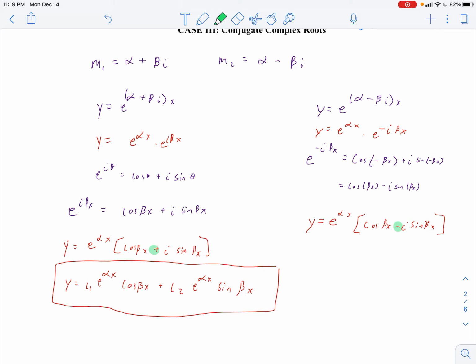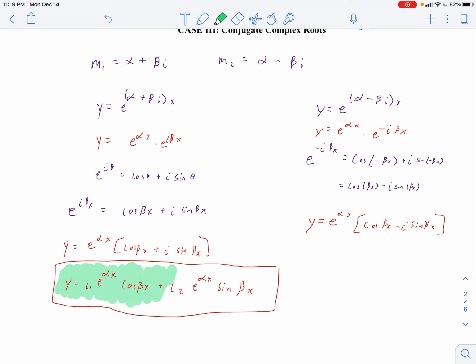That minus in front can be part of a constant. And so they both hold true for the same type of solution. So even though it has minus i instead of plus i, because that's the constant part, we can say that's just going to be plus c sub 2 e to the alpha x sine beta x. And so there's our solution.